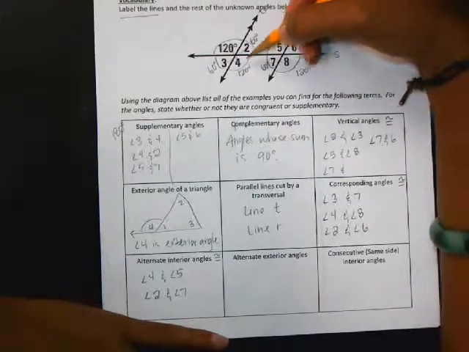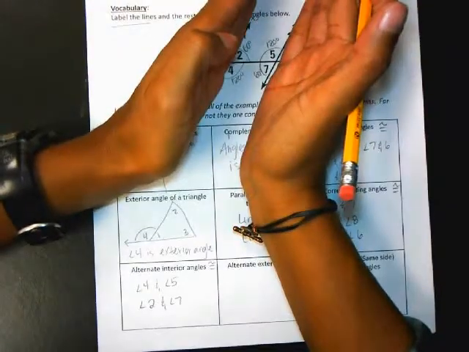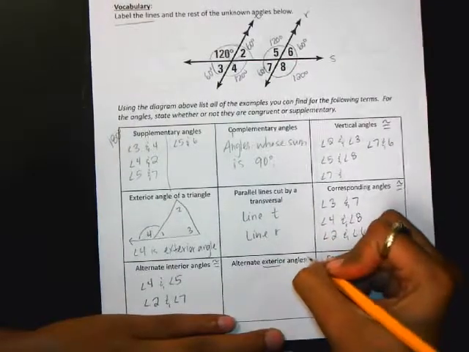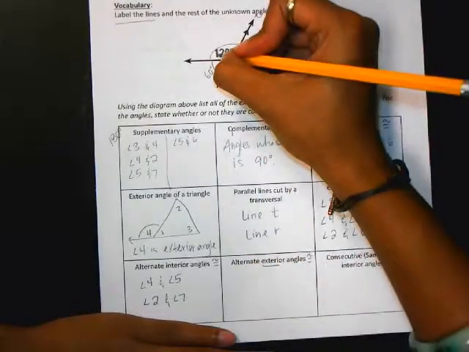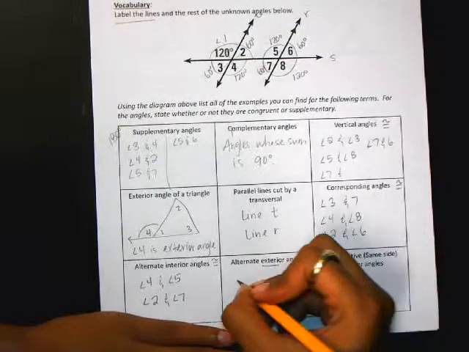Alright? Next one, alternate exterior angles. Those are also congruent. So if I look at this picture, it would be this one right here, the 120, which is really angle 1 in the picture. So angle 1 and angle 8, as well as angle 3 and angle 6.